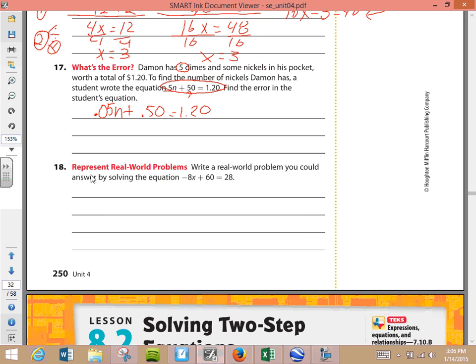I use my Starbucks because I always talk about Starbucks. So I said, I have a $60 gift card for Starbucks, and I spend $8 each day there. How many days would it take me to end up at a balance of $28? That was it. So it'll be 2.5 days. That would be the answer.